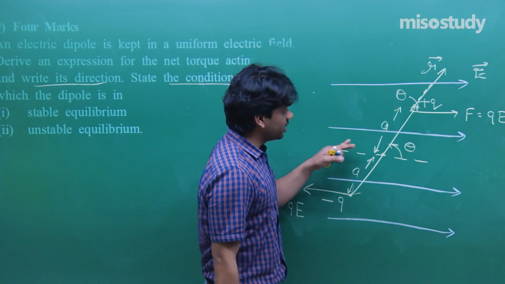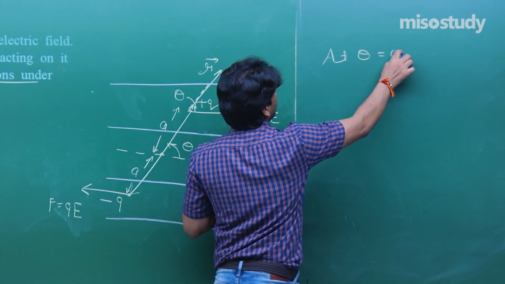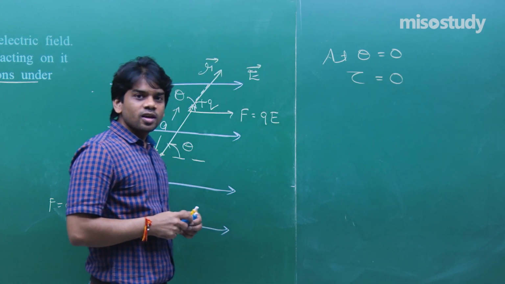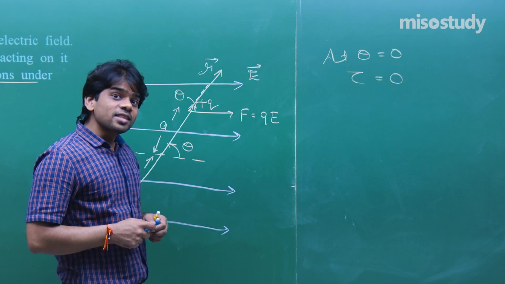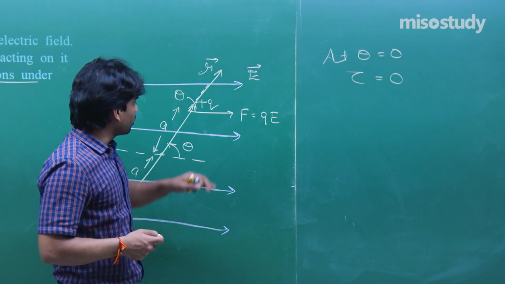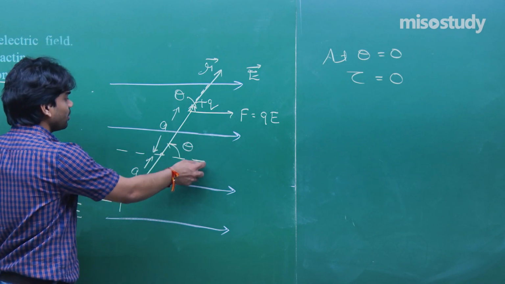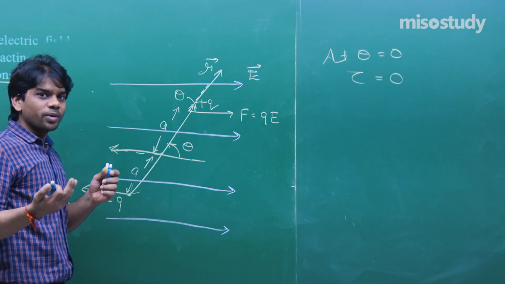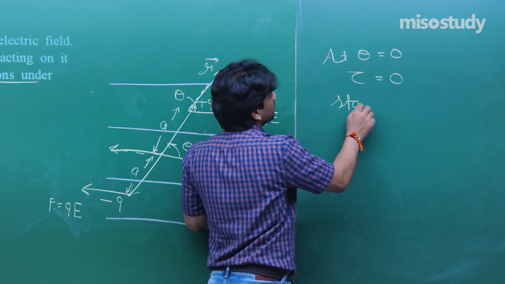So when this angle theta is 0, torque will be 0. Now try to understand for unstable equilibrium: when you increase the angle, torque is going to increase, and when theta becomes pi, because I am measuring the angle theta with respect to the dipole moment direction. So this is first of all the case of stable equilibrium.